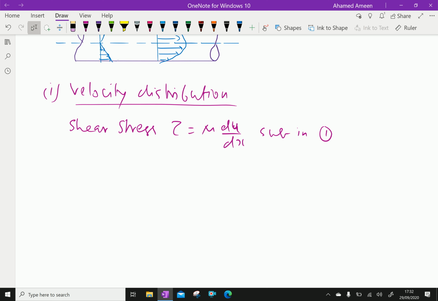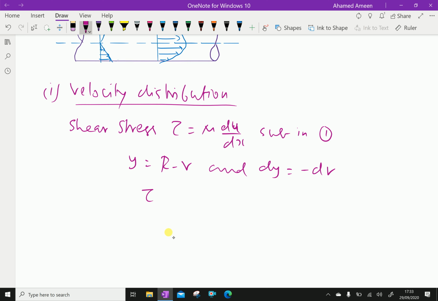Then y equals R minus r and dy equals minus dr, where R, the pipe radius, is constant.